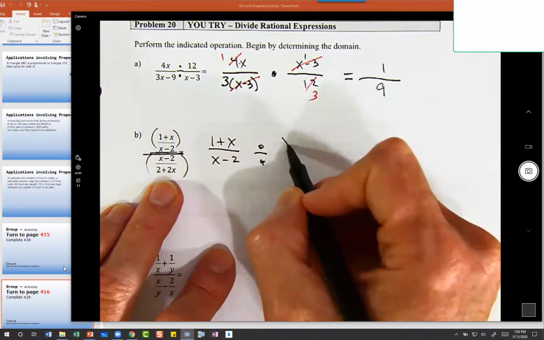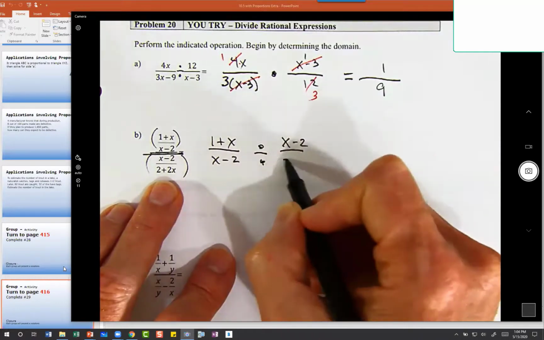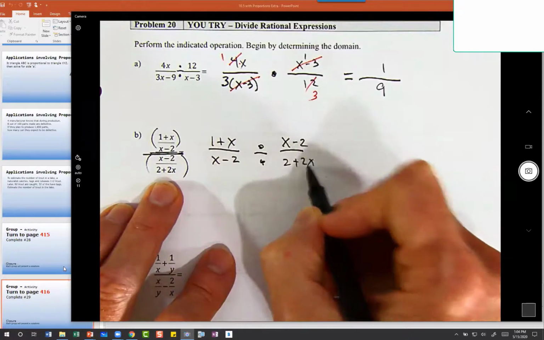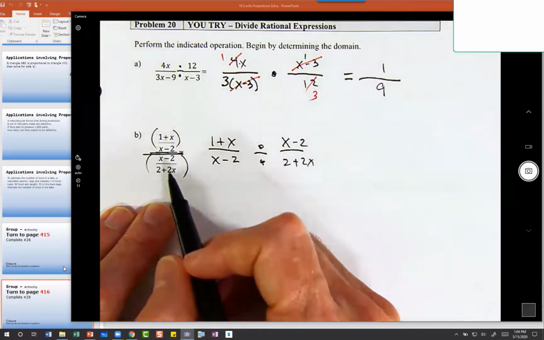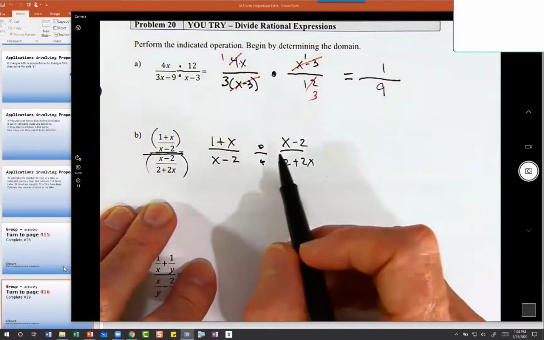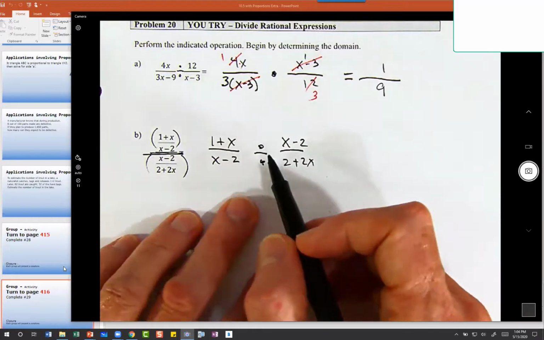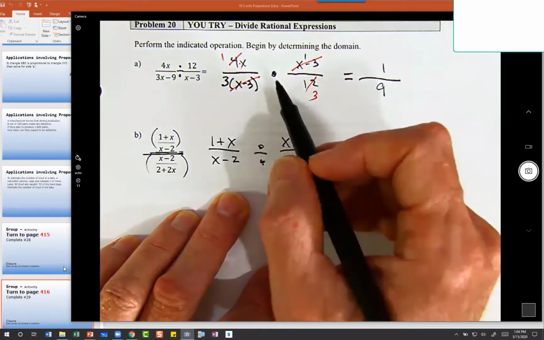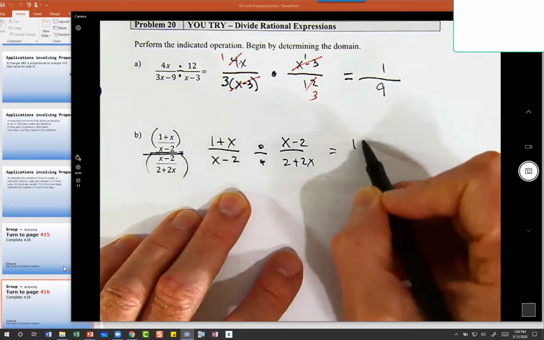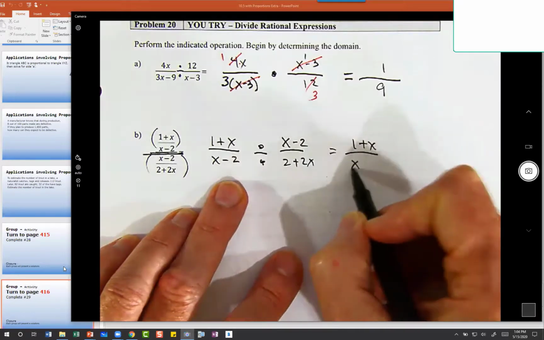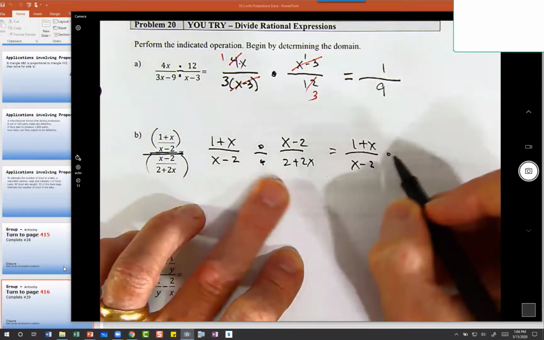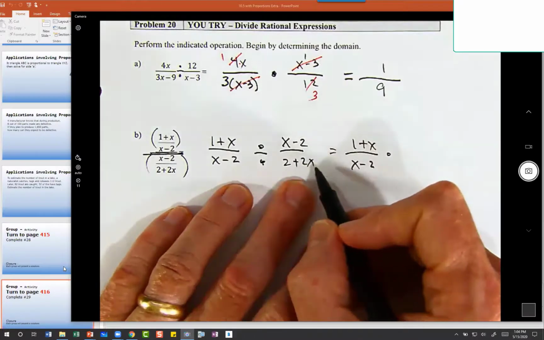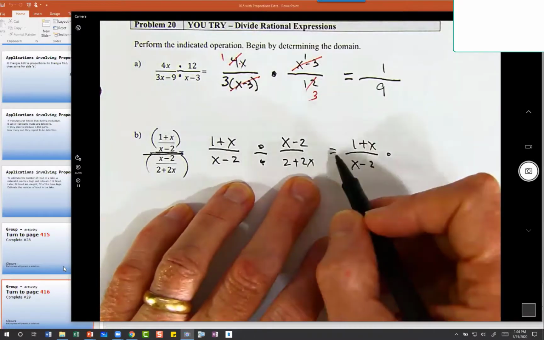And so it's x minus 2 over 2 plus 2x. So instead of having a fraction over a fraction, we made it a division problem. Now, as a division problem, we realize, oh, I can switch this to multiplying. And then I'm going to move 2 plus 2x on top.